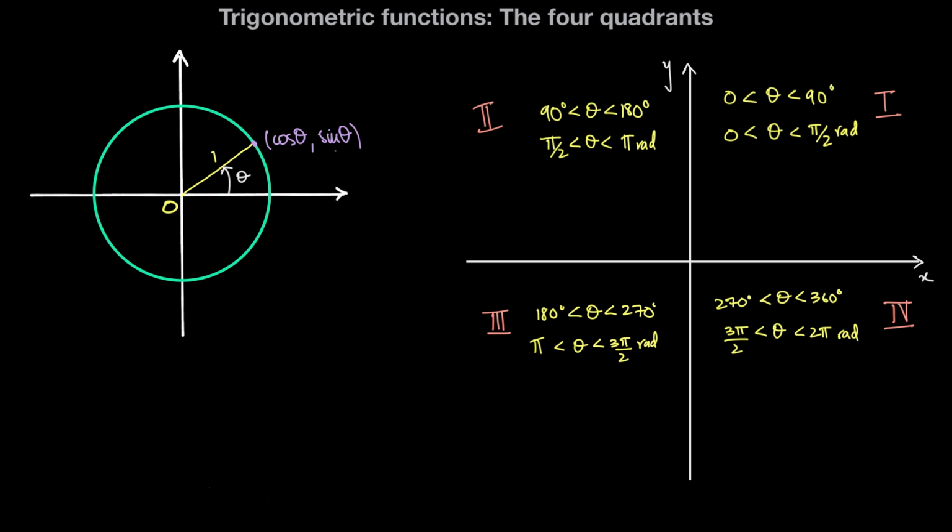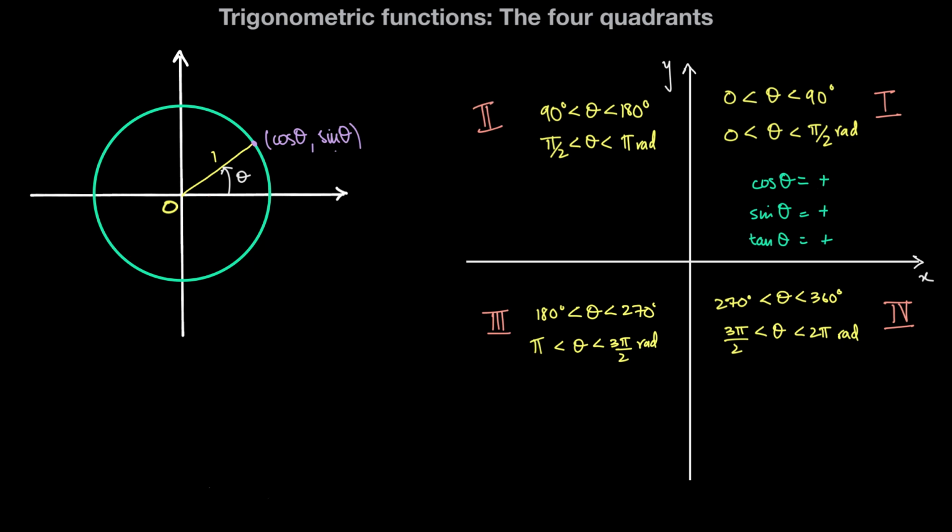So if theta is in the first quadrant, the cosine of theta is positive. The sine of theta, which is the y-coordinate of this point on the unit circle, is also a positive value. And the tan of theta, that is the ratio between the y-coordinate and the x-coordinate, so sine theta over cosine theta, is also positive, since a positive number divided by a positive number gives you a positive value.